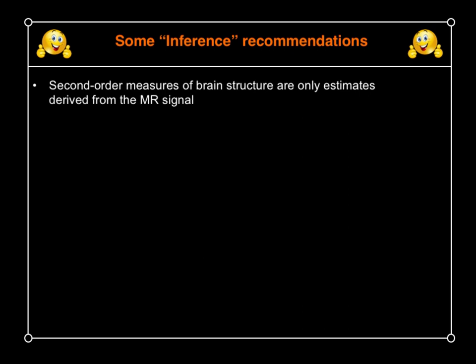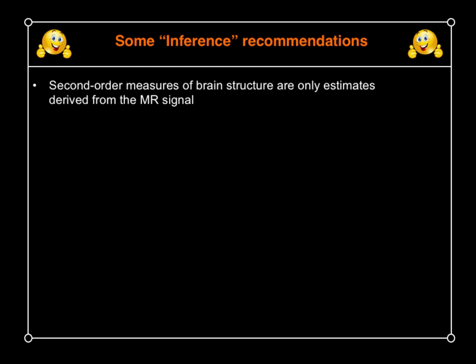The other thing that occurs to me is that these second order measures like cortical thickness or gray matter density, we need to bear in mind that these are just estimates derived from the MR signal. I've mentioned this before, but I'm going to restate it: what we're measuring is the MR signal.